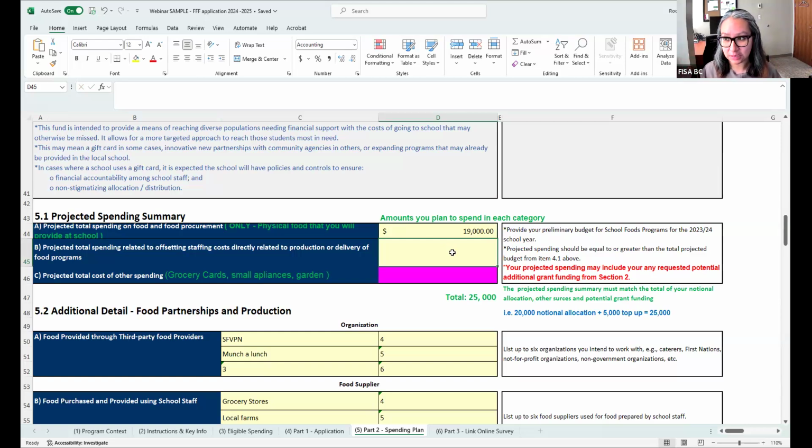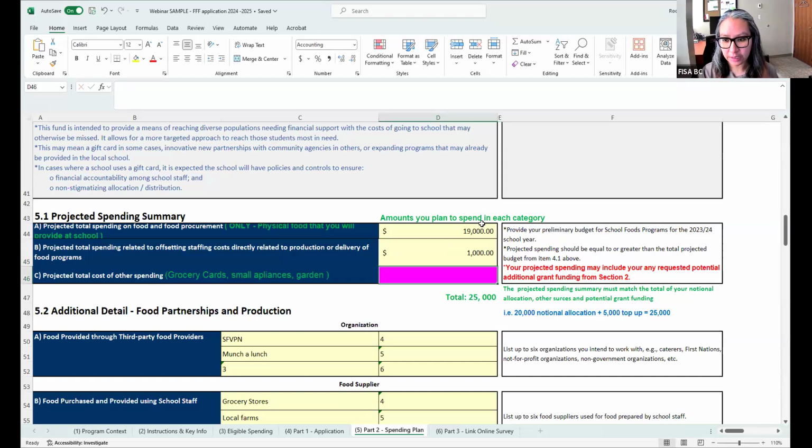I know it's still a very small amount, but last year it was between 5 and 7, and this time we're going to be able to spend at least 10. Remember, 10% of your full notional allocation. For me, I'm not going to spend so much on staff, so I'm just going to put 1,000.